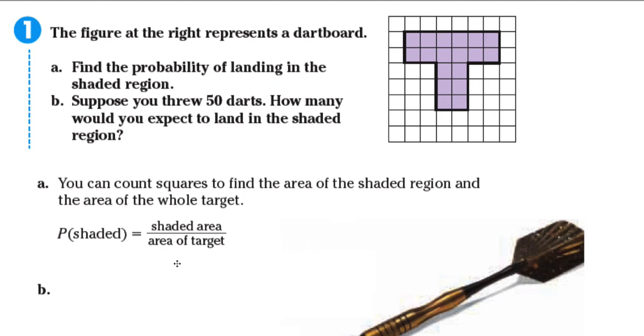By counting squares, we know that the shaded area has 18 squares and the entire target has 64 squares. So the probability of it landing in the shaded region will be 9 over 32.